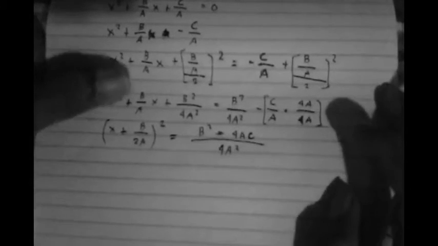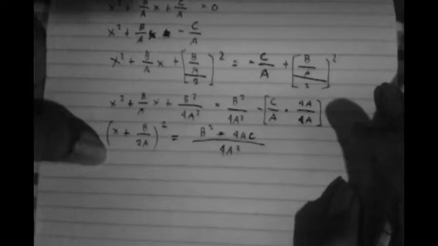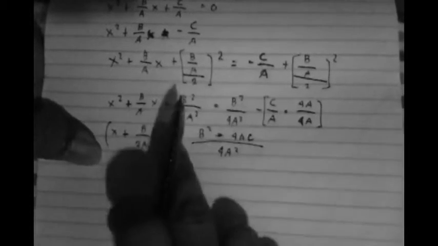Next, take the square root so that the square on this side will be cancelled. So we square root the right hand side also. Take the square root on both sides.